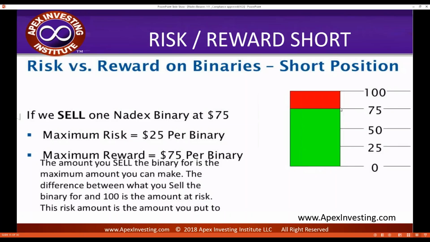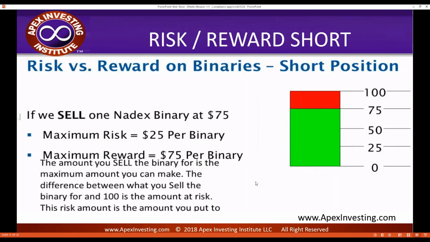Because therefore I'm making from 75 down to 0. My risk is from where I sell up to 100. So what I sell it for is the maximum amount I can make. The difference between where I sell and 100 is my amount at risk.